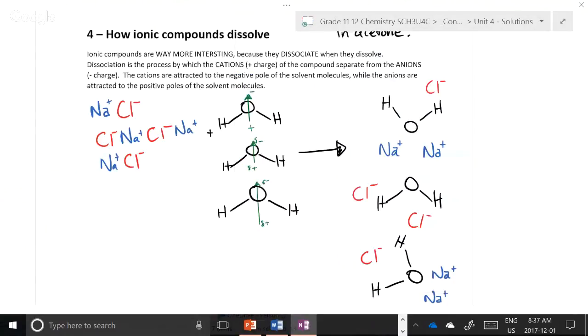Yesterday we talked about ionic compounds, and we said it takes a polar solvent to dissolve them, and when they dissolve, what do they have to do? Like we said, looking at sodium chloride as an example, sodium chloride is normally all clumped together, right?